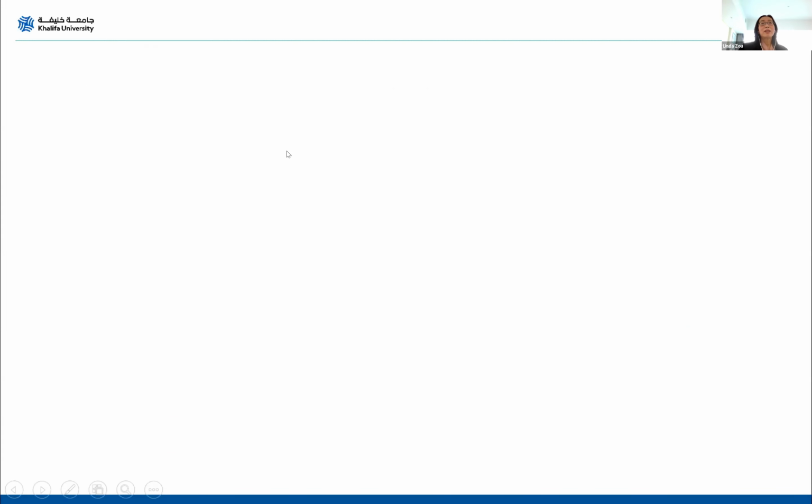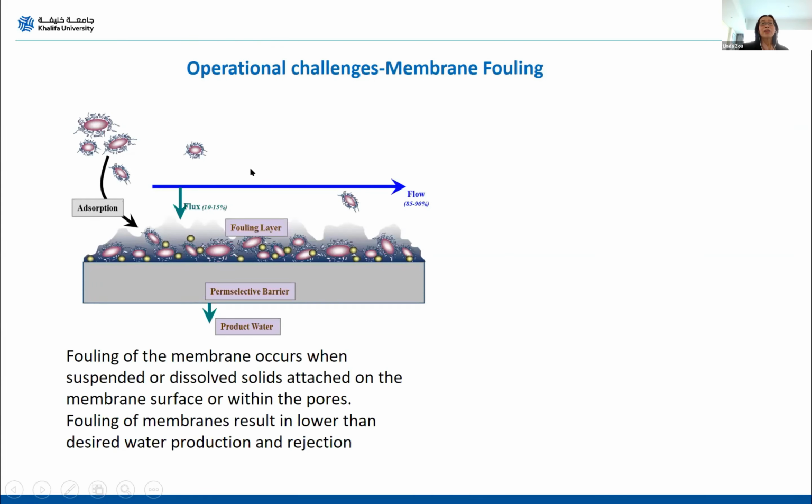So, talking about desalination based on membrane technology, membrane fouling is still the most major operational challenge. How does it happen? When the water molecules pass through the membrane, they leave behind all the impurities or contaminants.